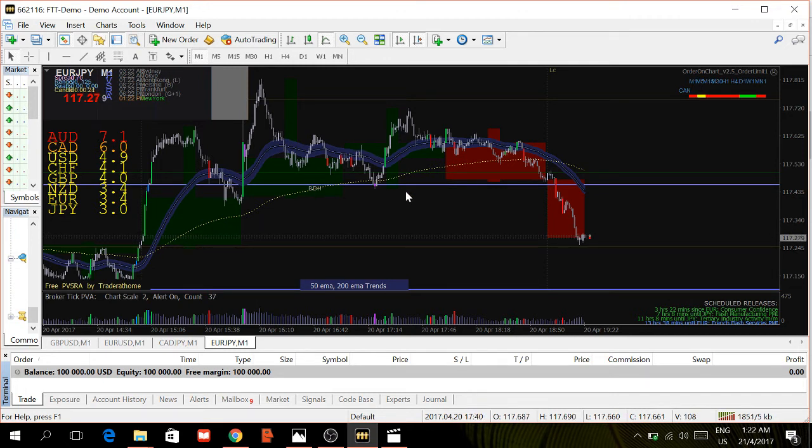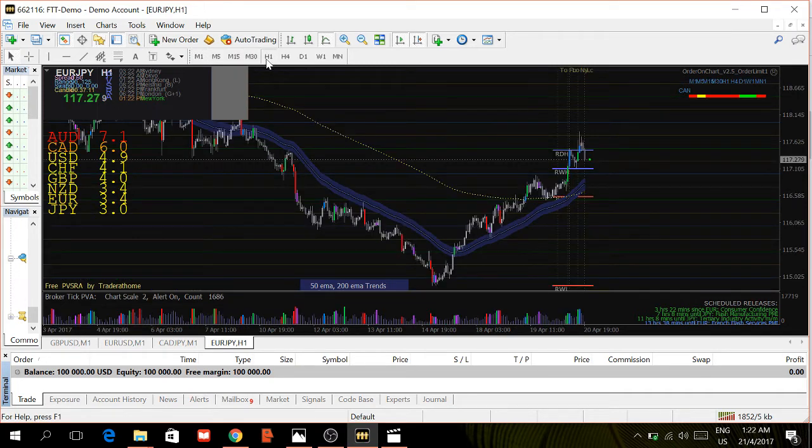And for example, if you look at things like H1, for those of you who don't know, M1 is per minute, M5 per 5 minutes, M15 15 minutes, and H1 is per hour. So here you can see all of them. You have the RWL, the range weekly low. You have the range weekly high, the range daily high, RDH, and things like that.